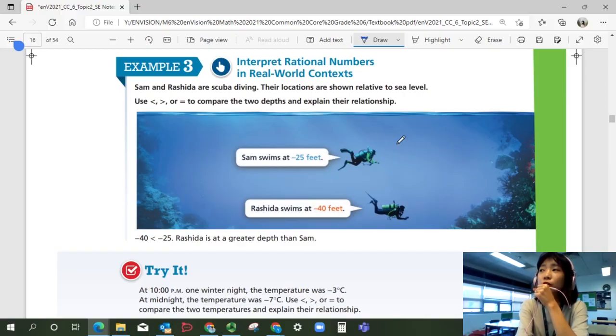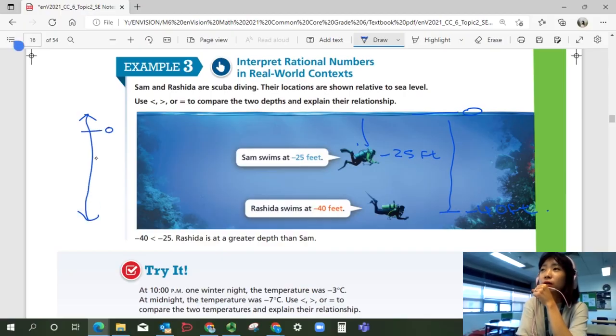Just by looking at the picture, you know that Rashida is below Sam. If 0 is right here, it's the sea level. Sam is at negative 25 feet, 25 feet below sea level, and Rashida is right here. It's negative 40 feet. So you know negative 40 is less than negative 25 on the number line, right?